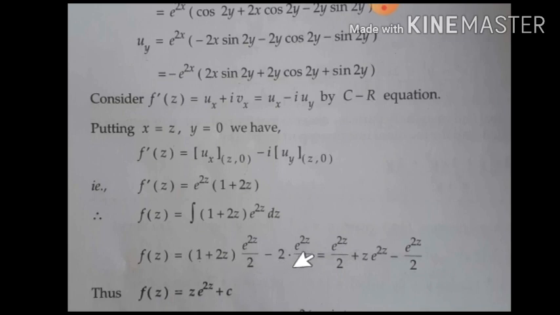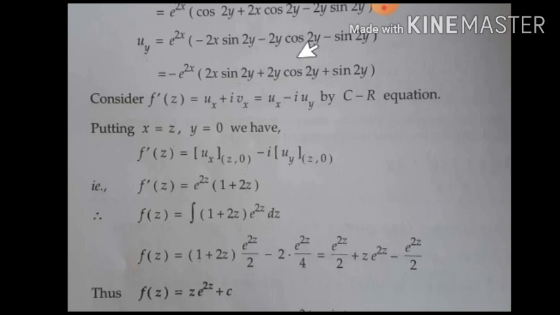We stop writing at the second term itself. Then simplify it. You get e to the power of 2z by 2 plus z into e to the power of 2z minus e to the power of 2z by 2. So the first and third terms get cancelled. What is left is z e to the power of 2z plus the constant of integration c.